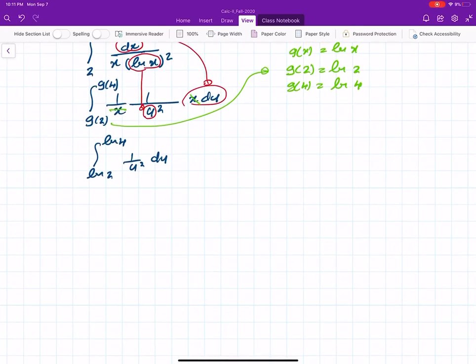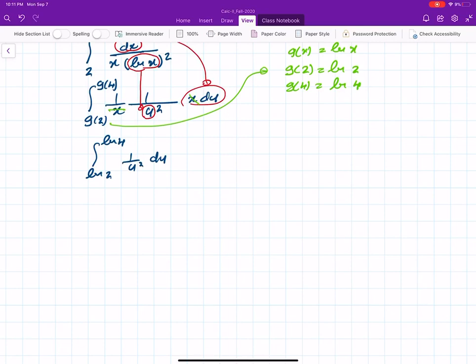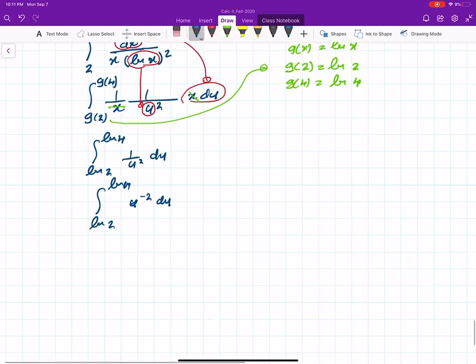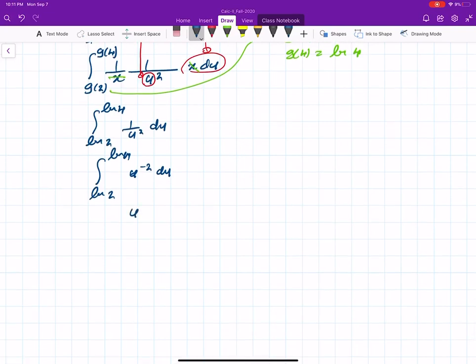And then go forward. Here 1 over u to the power 2 can be written down as u to the power minus 2 du. Then a simple integration, right? You know the power rule. So it should be u to the power minus 2 plus 1, here minus 2 plus 1. Then you put the limits ln 2 here, ln 4 here.